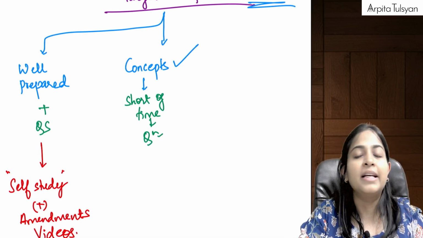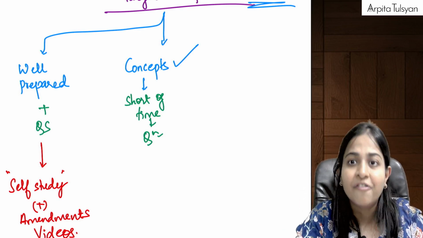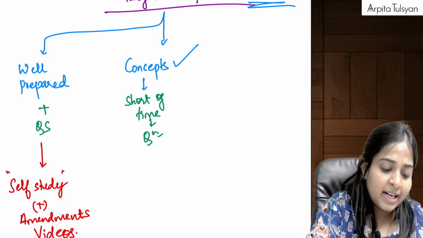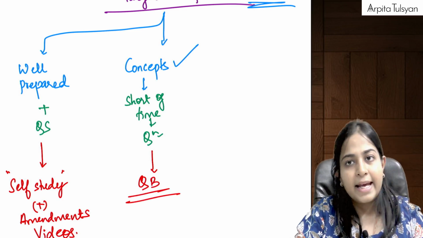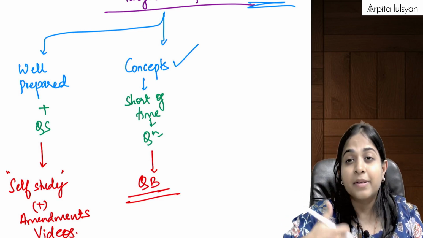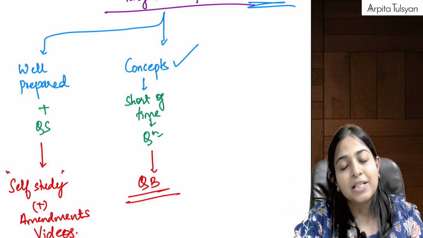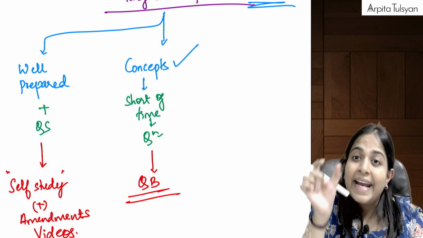If you think that you understood the concepts, but you could not do writing practice or solve questions, then now you know the answer: you need to do a good question bank. You need to go through as many questions as you can. So this is the area of focus.